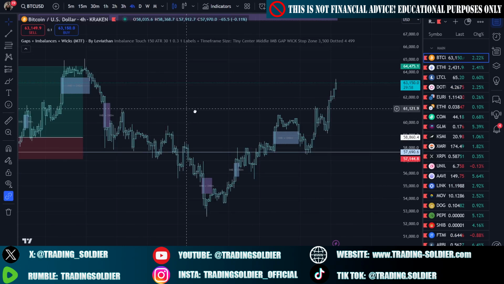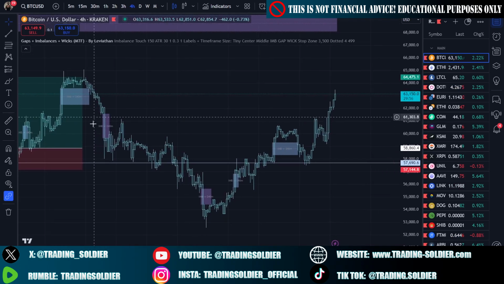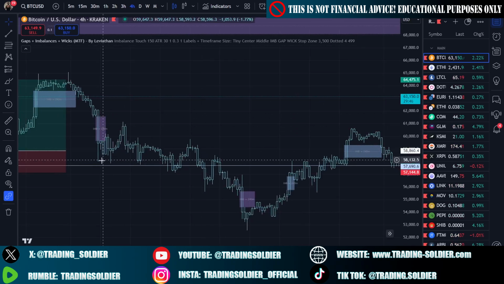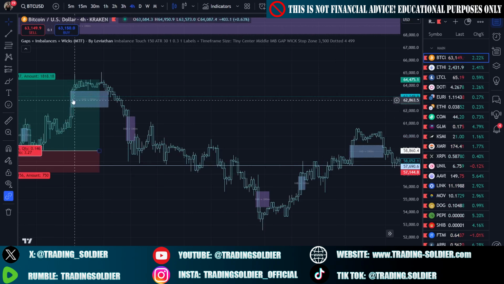Okay, so as you can see, basically this indicator with the imbalances is telling you the story of what the market is doing. If you analyze the price action, so the momentum of the candles, you can see here the impulse candles. Here is a bullish impulse candle, generating a bullish imbalance.